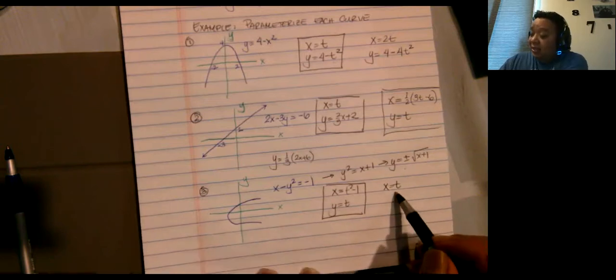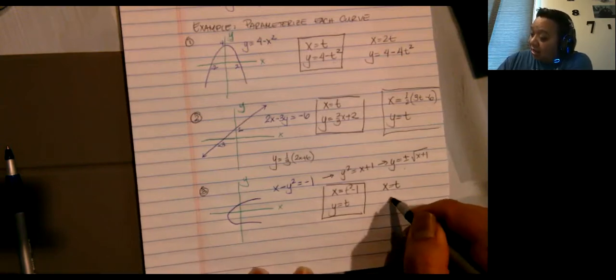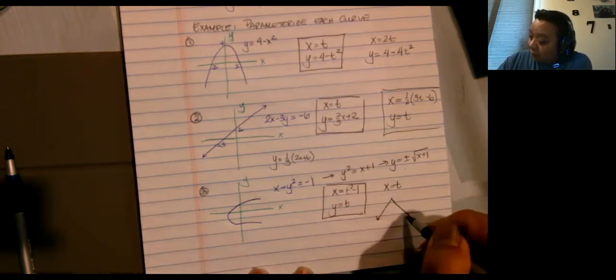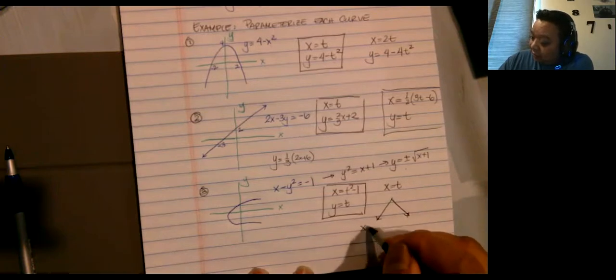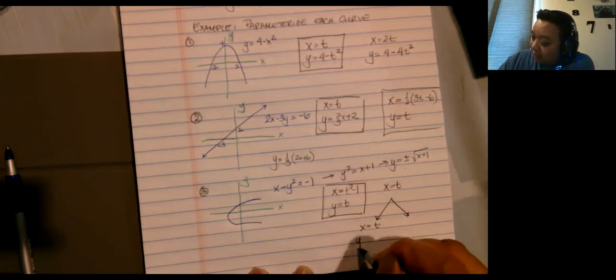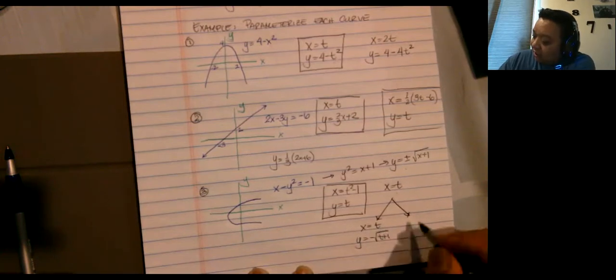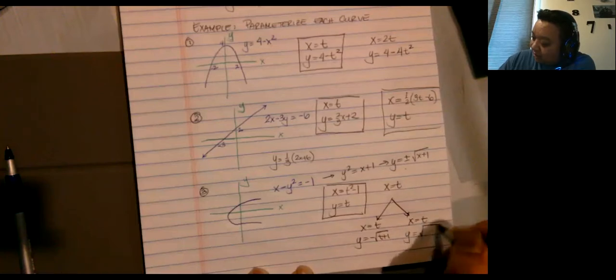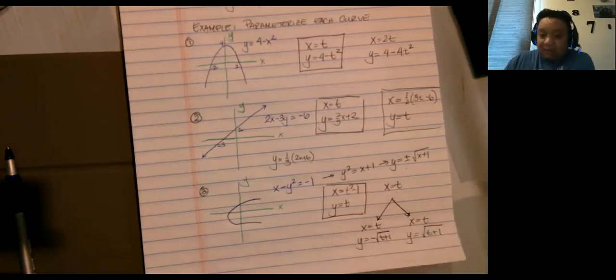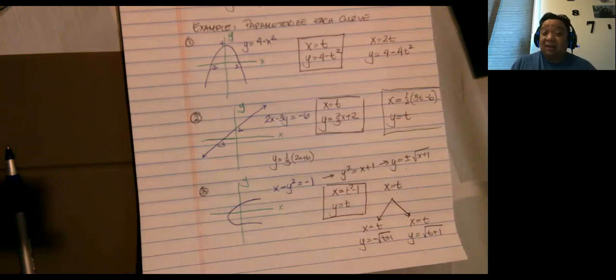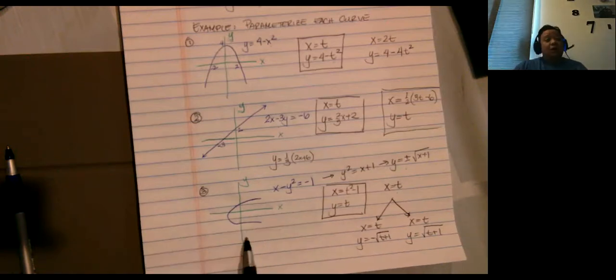So when you say x equals t, you're going to actually end up having two sets of parametric equations, one where x equals t, and then y is the negative square root of t plus 1. And then the other one is x equals t, and then y is the positive square root of t plus 1. So you end up having two sets of parametric equations for one curve.